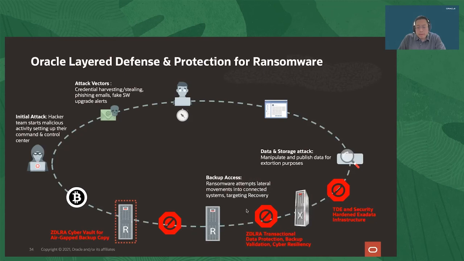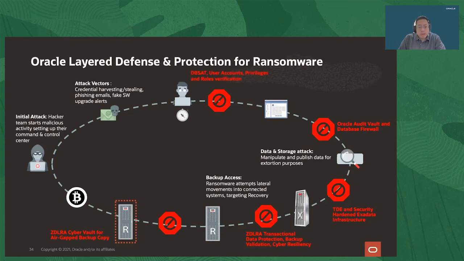TDE is, as I mentioned, the foundation for protection of the data itself so that it cannot be used for extortion purposes. We also have Audit Vault and Database Firewall, which allows you, the DBA, to track traffic, SQL statements and so forth that are coming into the database to see if there are any anomalies in activities or any kind of issues with what you expect in terms of transactional workloads.